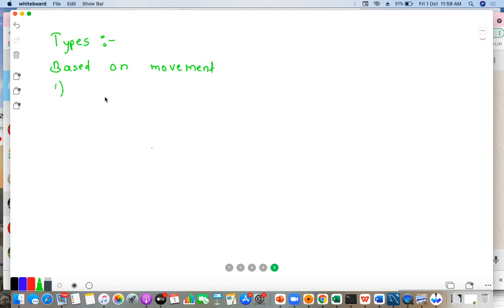Then based on the movement, we have homogeneous boundary conditions and non-homogeneous boundary conditions. So these are the two types based on the movement. Now, what is meant by movement?